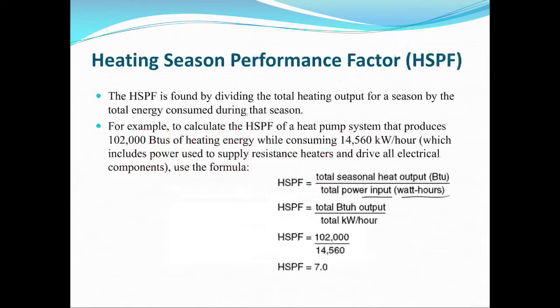The total BTUs output divided by the total kilowatt hours input, we're showing 102,000 divided by 14,560. And of course, that gives us an HSPF of 7.0. Again, any system that's installed today has to meet a minimum standard, which is identified in one of your handouts, and that obviously is subject to change as there are more requirements on a system.